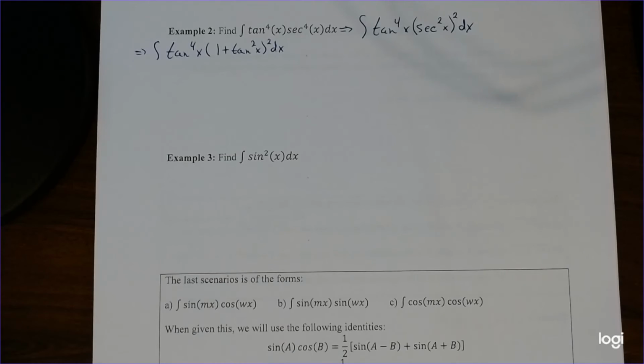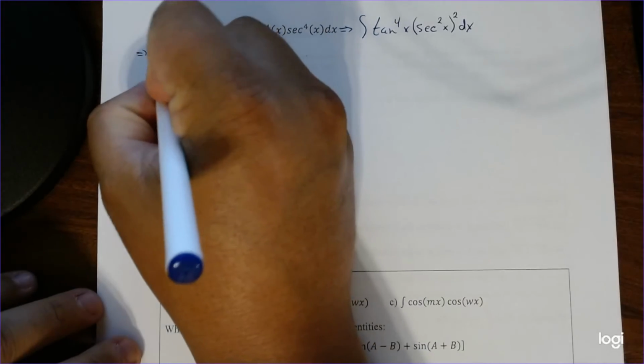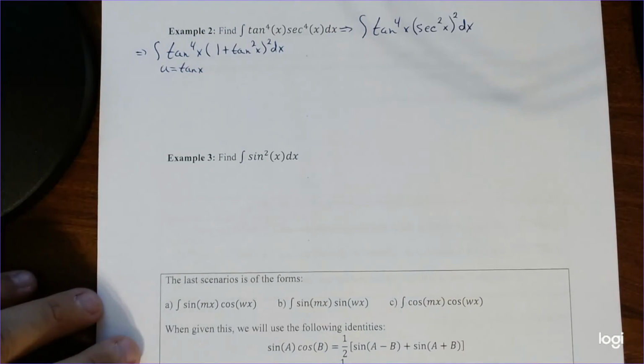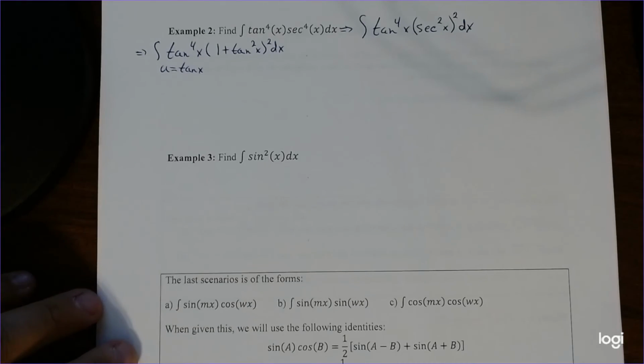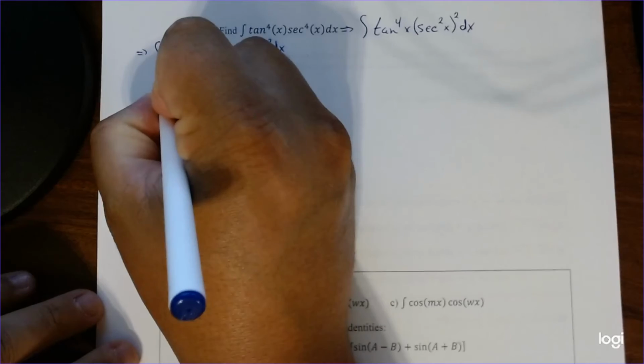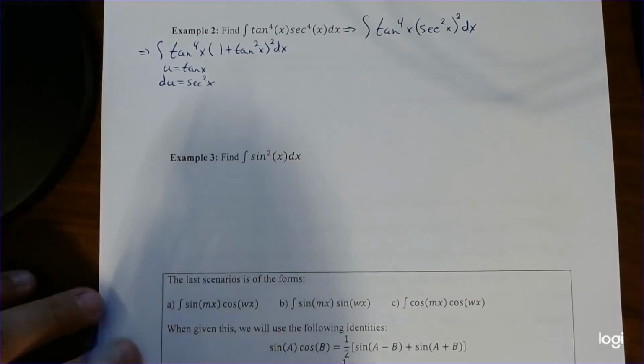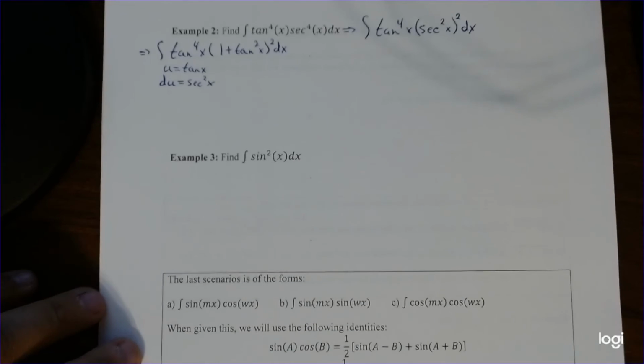Now, maybe that kind of makes sense, but what's going on here? Because at this point, we're going to let u equal tangent. So if we do that, well, the derivative of tangent is secant squared x, but that's not here. Uh-oh. What do we do now?